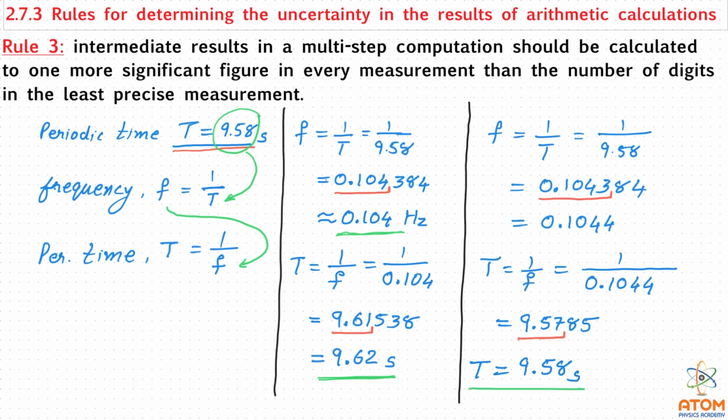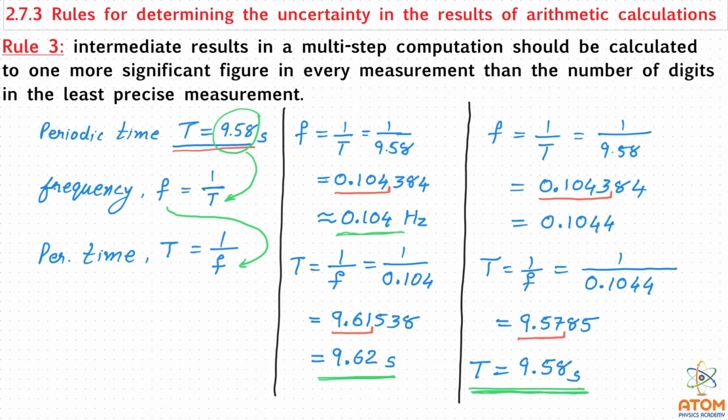You can see now we are getting the periodic time back without any change. We started from T equal to 9.58 and we are ending at 9.58 by a two-step calculation.